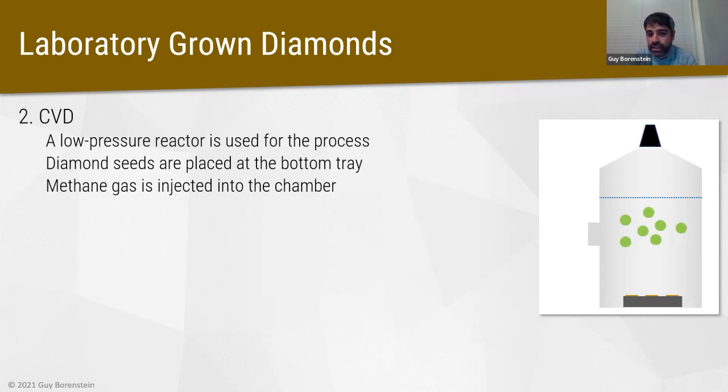Usually we're using methane gas. We're taking you back to the chemistry lessons of high school. Carbon and hydrogen create methane. Carbon is what we need in order to create a diamond.